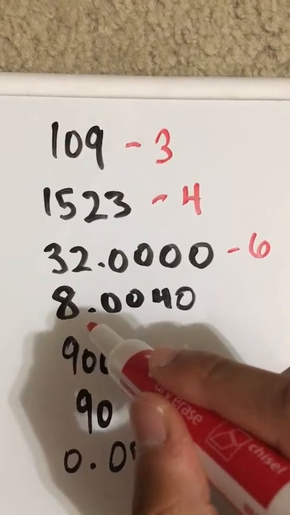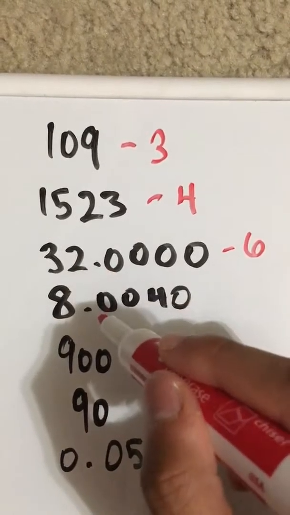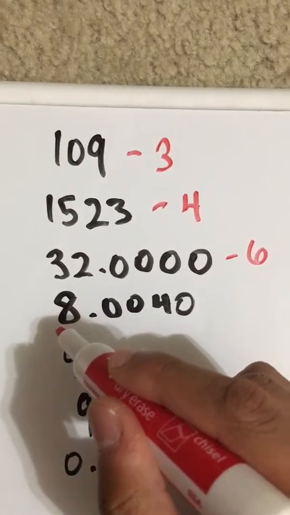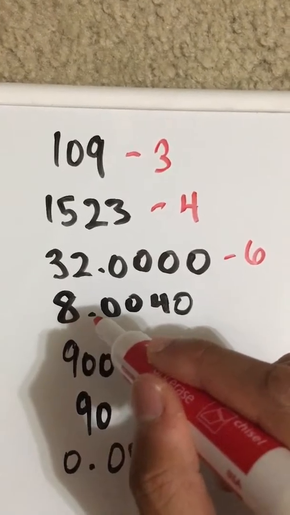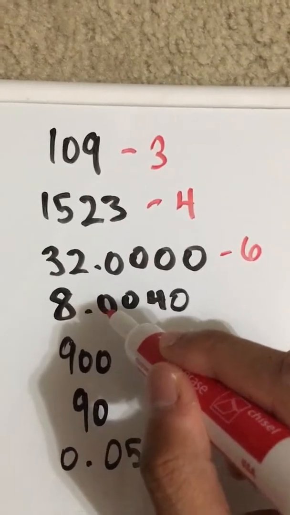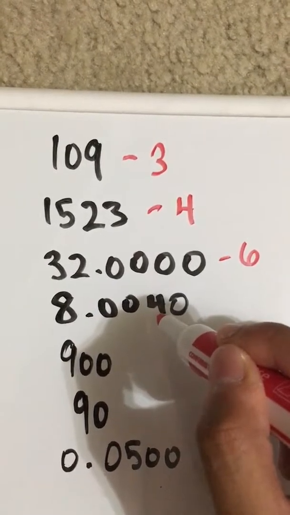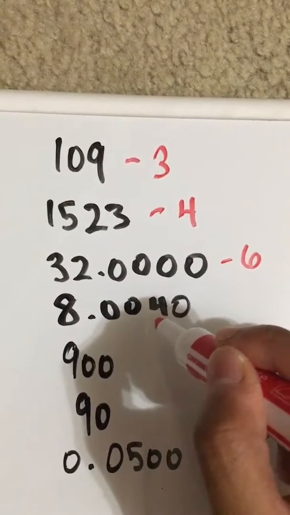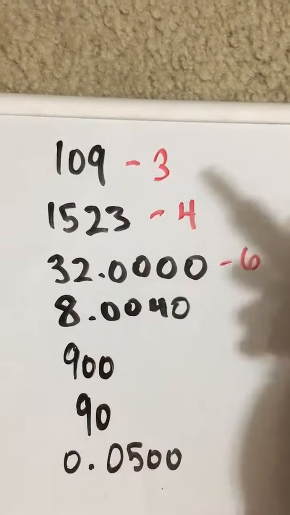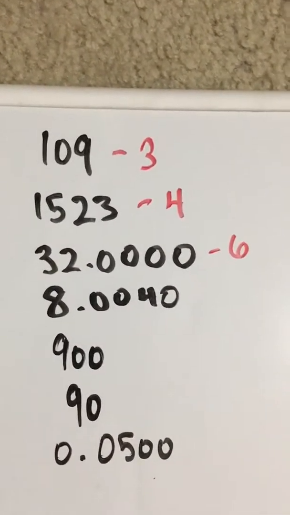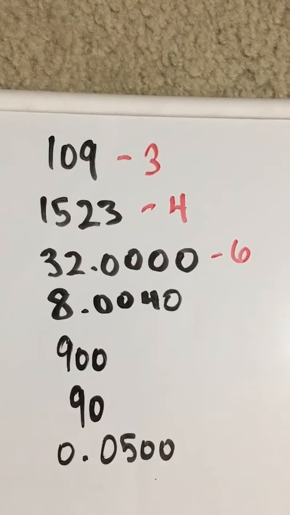Now how about this one? We just did this problem, but what about this one? We have a non-zero number here, a decimal point, but there are zeros afterwards. And after the 0, there's another significant figure, and then a 0 at the end. So how many significant figures should we count this as?